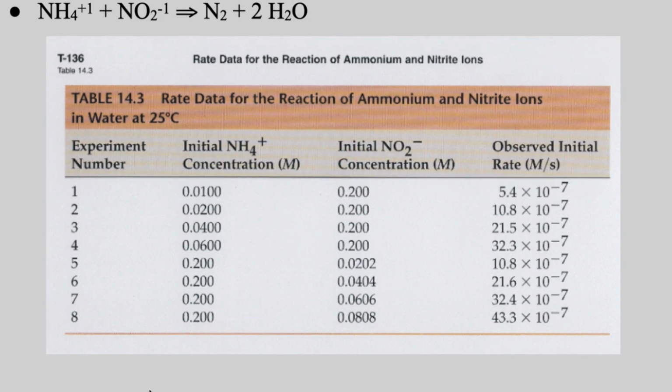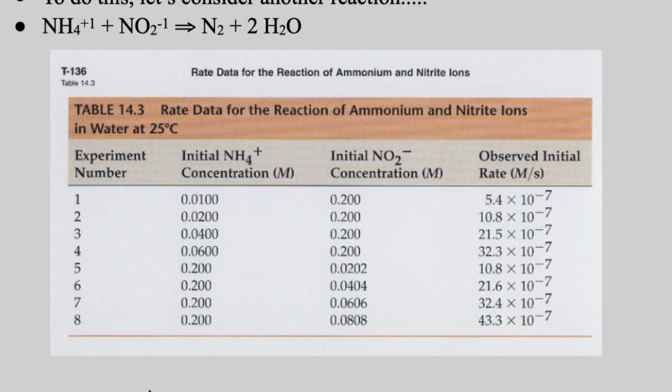Guys, we are given the molarity of both of the reactants. But guys, you'll notice what we're given is the initial molarity. And then guys, you'll notice off on the right, we are not given an average rate. We are given an instantaneous rate.